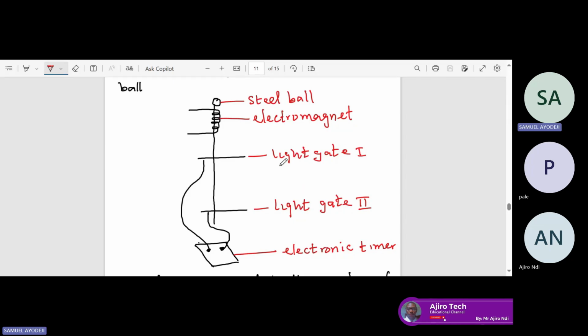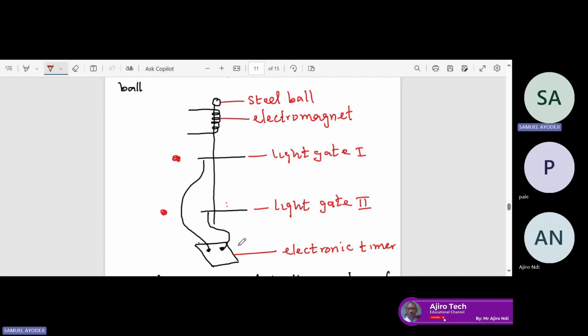So what happens? As this object falls from the magnet, when it strikes the first light gate here, the timer will start counting. When the ball strikes the second one here, the timer will stop. At that time, you take note of the distance traveled by the ball and record the time.